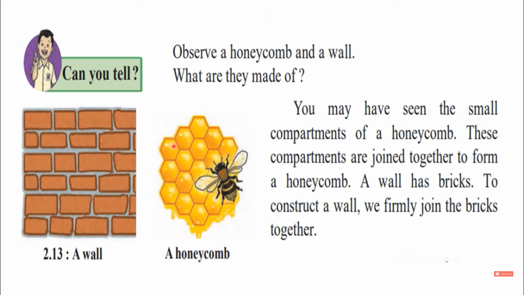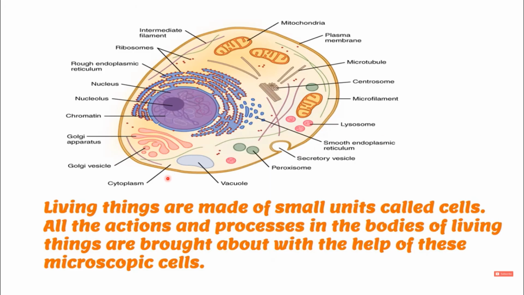We have multiple cells, and because of these cells, we say we are showing cellular characteristics. Cellular structure is present, but the number of cells always varies in different organisms, that we will learn in types of cells.